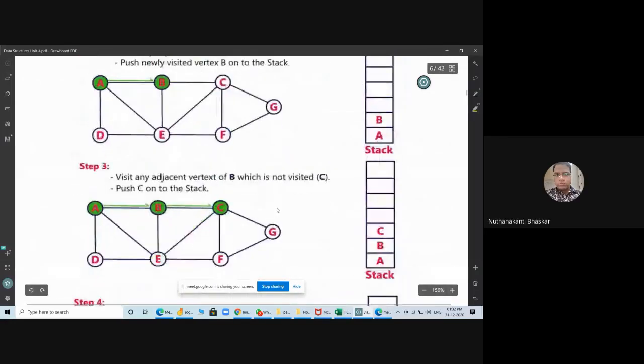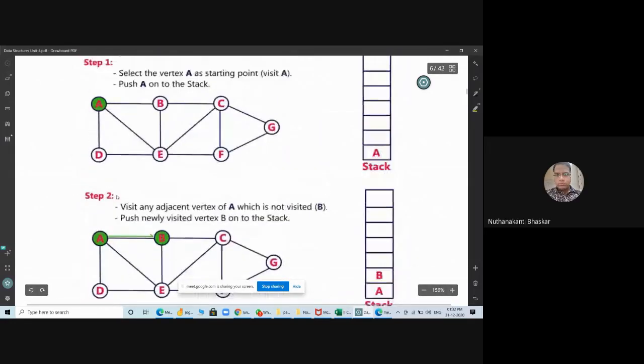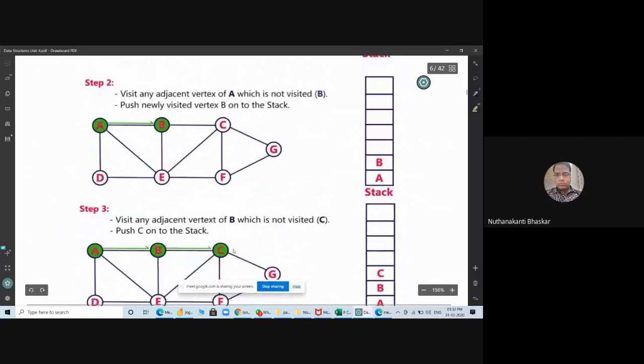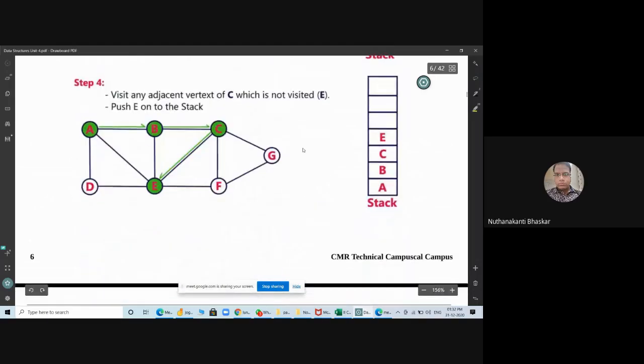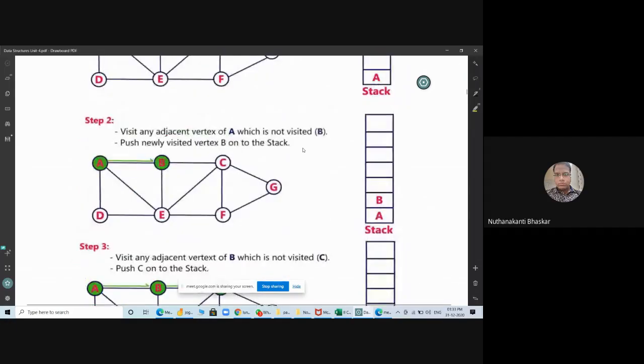In this example they have taken A, and the next unvisited node they have taken B. From B they have taken C, from C they have taken E. Here the order is different. If you take another order, it will be different. If you take the starting node E, the movement will be different. Like going from Khammam to Sema Technical Campus, or from Warangal to Sema Technical, the connectivities and nodes are different.